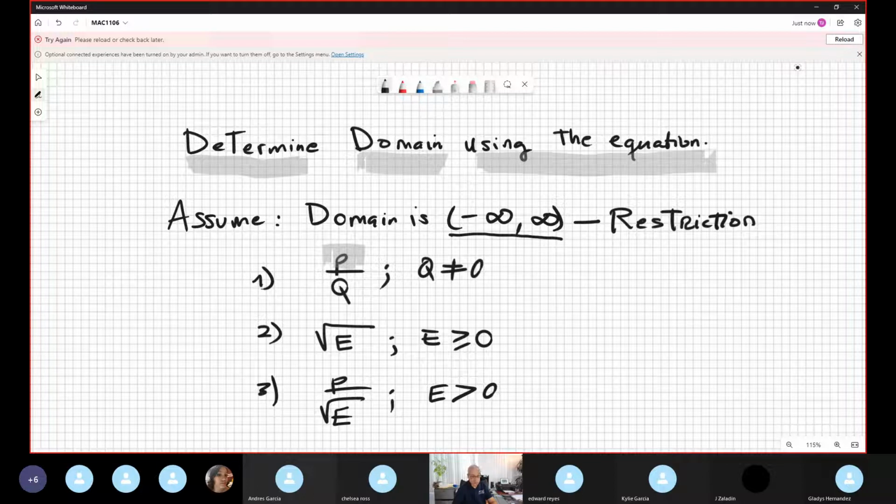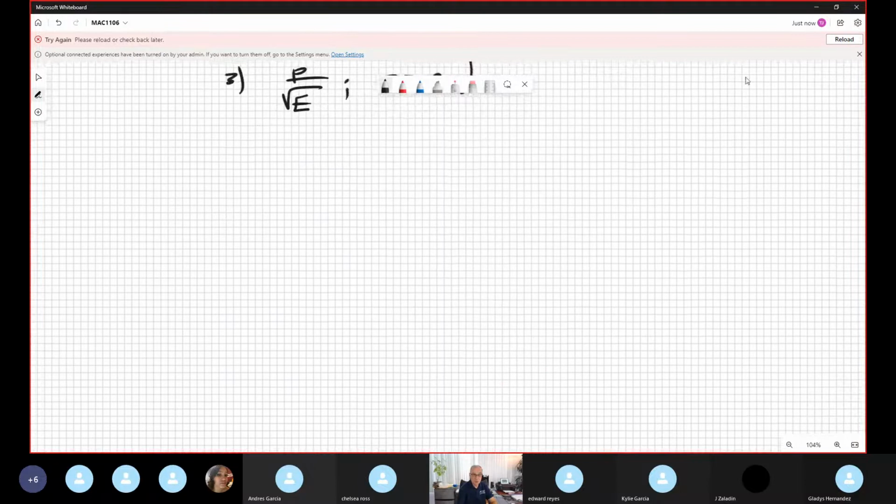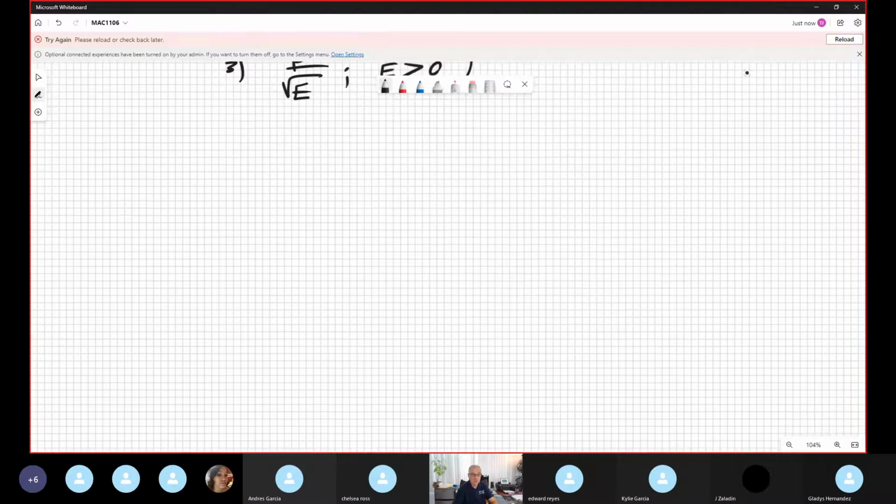Okay? So let's do the combination. Let's see an example to understand how you determine the domain when the equation of the function is given.